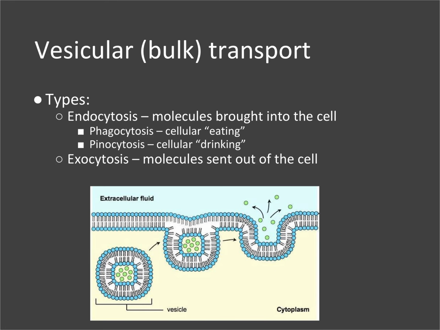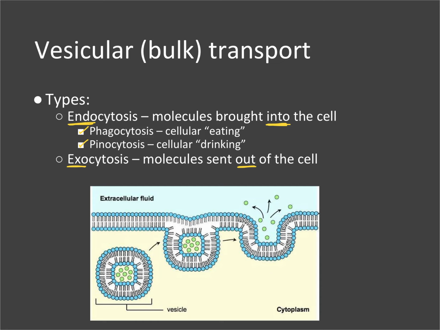There are different types of vesicular transport, and we can divide them into two main categories. Endocytosis means that something is being brought into the cell, and exocytosis means that something is leaving or being sent out of the cell. We can further break down endocytosis into phagocytosis and pinocytosis.